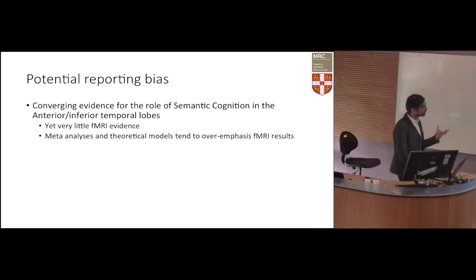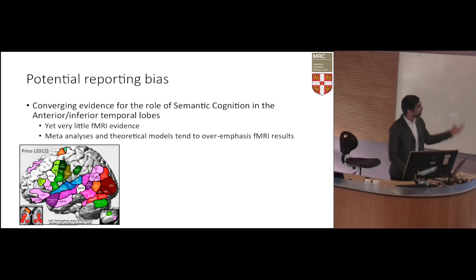And this is a big problem for a lot of the literature more widely, because a lot of meta-analyses focus very heavily on the results of fMRI studies, just because they outnumber studies such as PET or any studies related to patients. Here's a recent paper by Cathy Price, roughly titled The Last 20 Years of PET and fMRI Studies, a synthesis of language studies of the last 20 years.